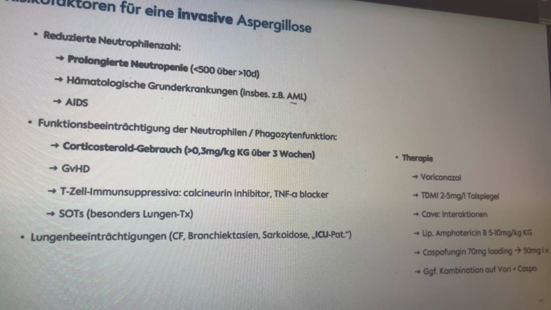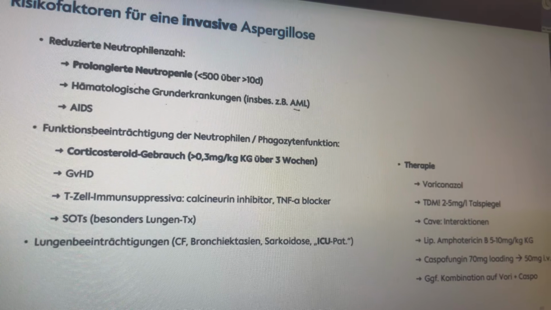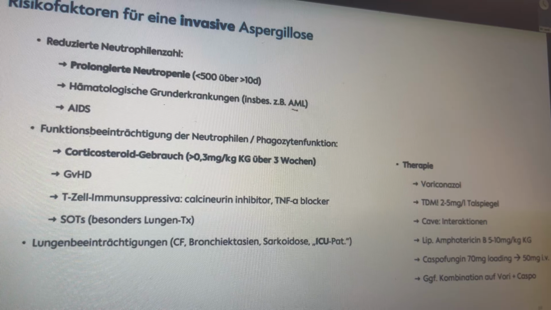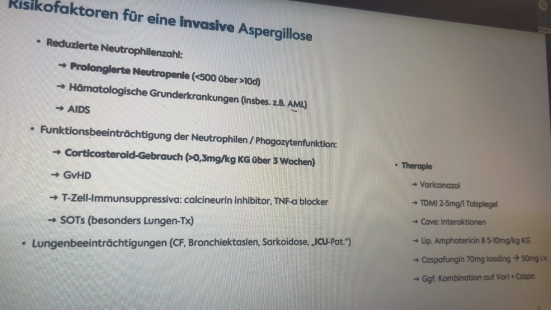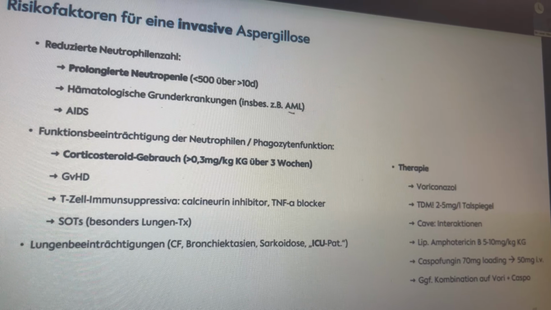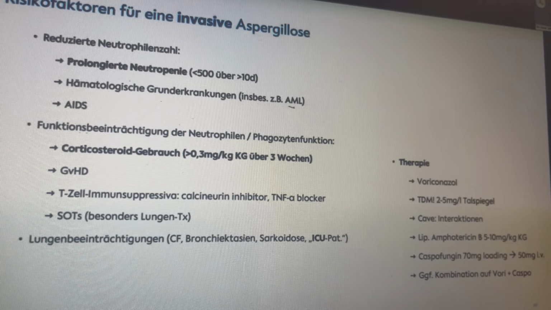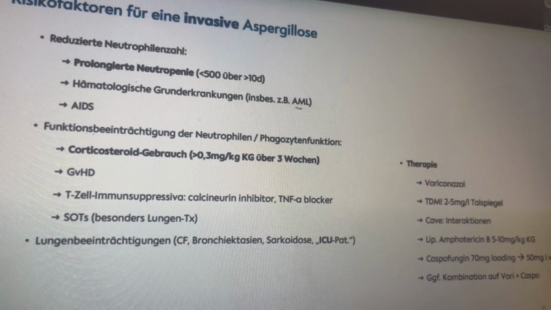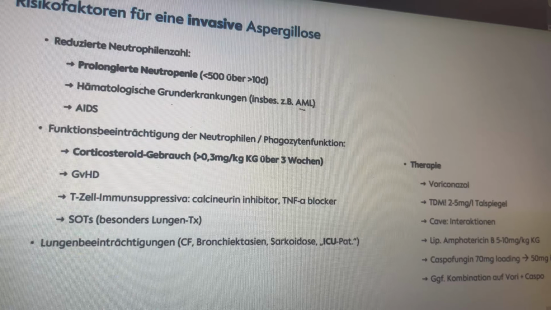On the other side, we have to also look for the interactions. The other option is amphotericin B, 5 to 10 milligram per kilogram, or even caspofungin. Sometimes you can combine voriconazole and caspofungin.